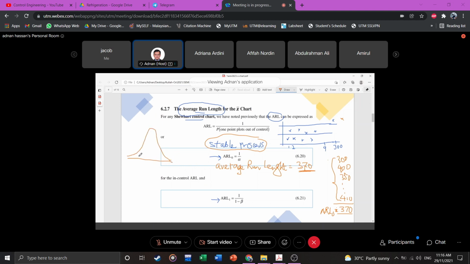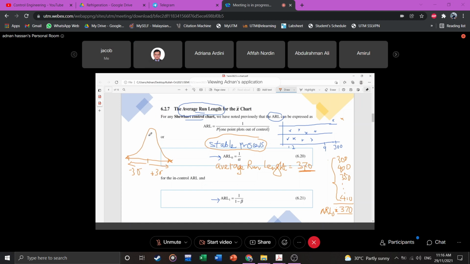If we have plus minus 3 sigma, you have this area outside. This is considered a false alarm, because the process is stable. So you have plus 3 sigma here, referring to the center, and minus 3 sigma.